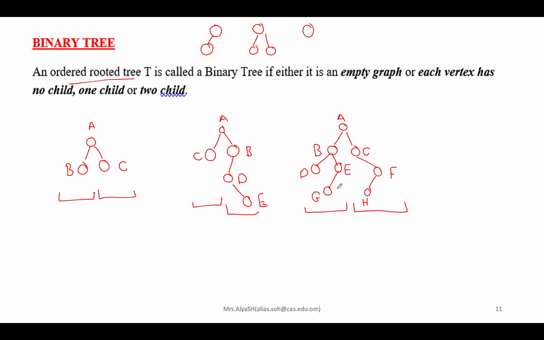We call the one on this side the right subtree, and the one on the other side the left subtree. So here we've got the left subtree, and here we got the right subtree.